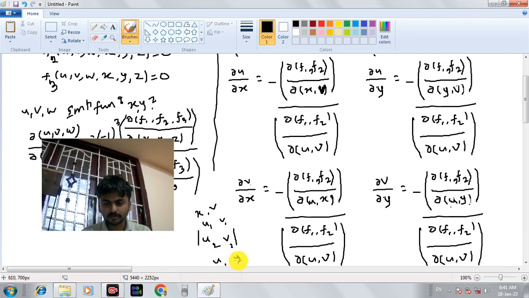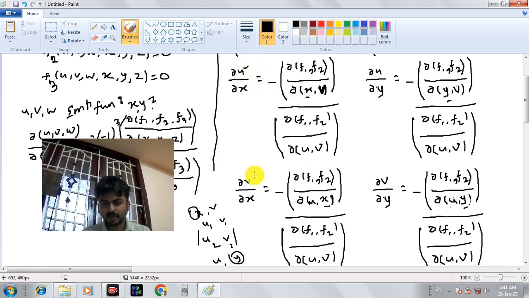There are no restrictions for x and y. x can be first or x can be second, and y can be first or y can be second, but while we are writing u with respect to x, v should come second.